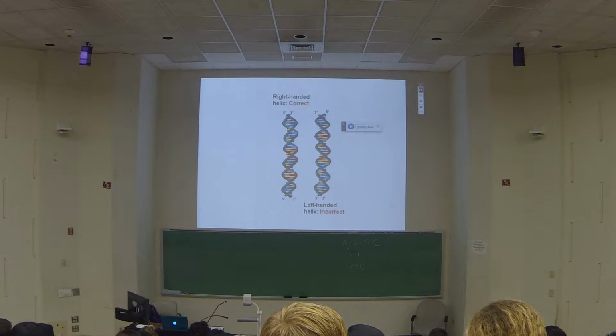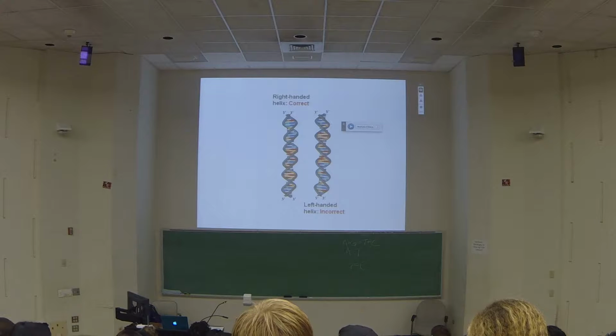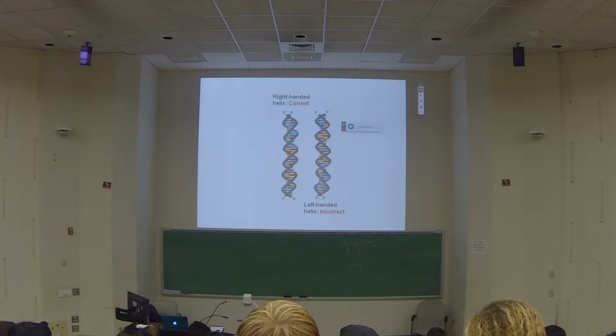The native DNA in our cells has a handedness. It can oftentimes be hard to tell, but it's fun if you go out and look at the way DNA is drawn in popular science places. They often get it drawn the wrong way. So, all of you guys, however, shouldn't do that, right?